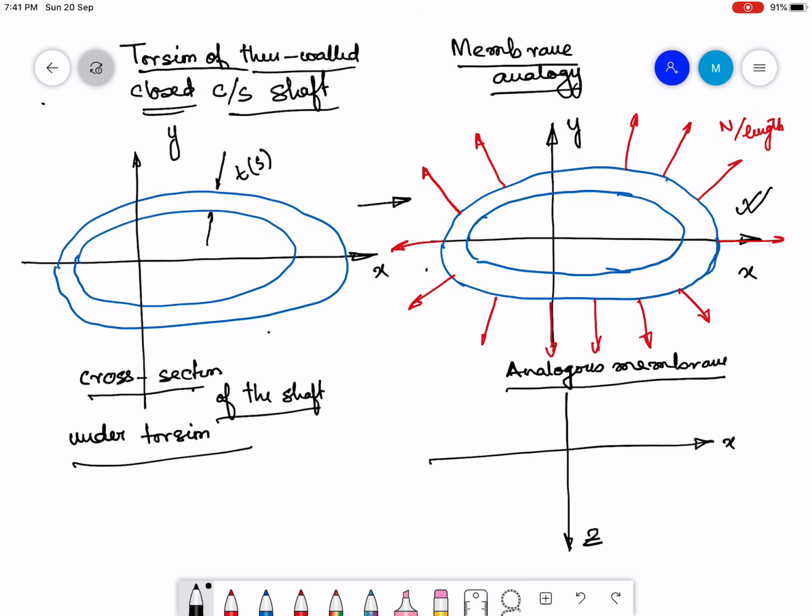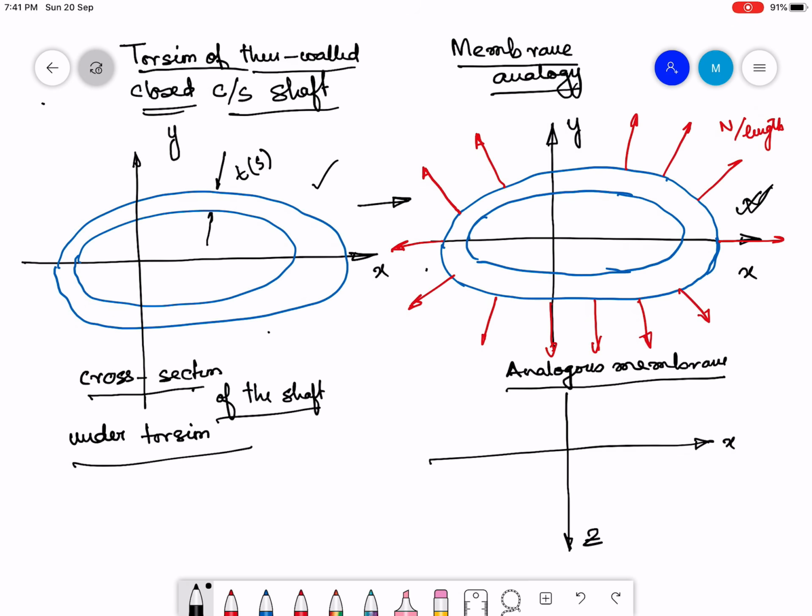The same criteria that we have studied about membrane analogy earlier still hold here. So criteria number 1 is that the shape of the membrane is the same as the shape of the cross section. Though it might not look very same, this one and this one have the same cross section.